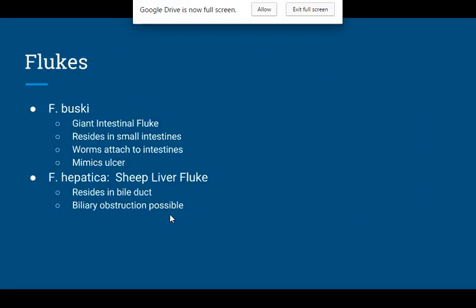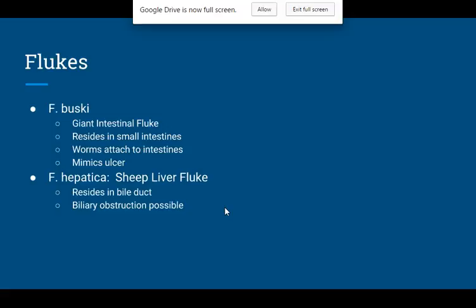Okay, I don't have a PowerPoint on how they're tested. You use a stool sample, and there is an ENTERO-test or an ELISA method that's available. The patients for these usually have the same kind of symptoms as the other parasites do.